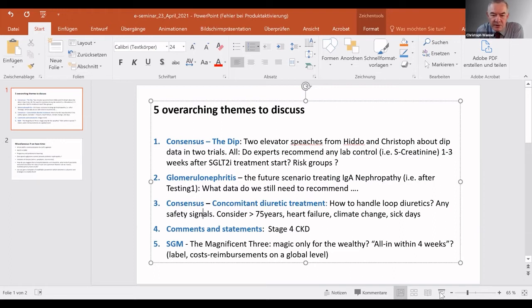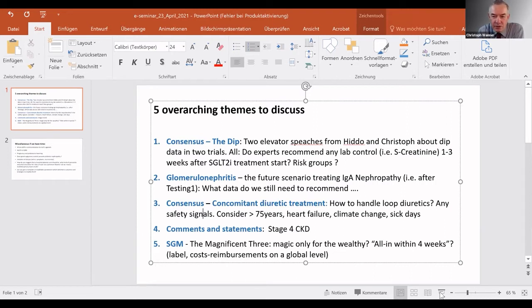Always what to do in stage 4 CKD. And finally, the last topic, when we discussed this before this meeting, I was really struck by Katherine Tuttle's expression, we should shine a light onto dark places. Katherine, apologize that I use your words, but I think this is appropriate to discuss that we have SGLT2 inhibitor, GLP-1 receptor agonists, and MRAs in the future.